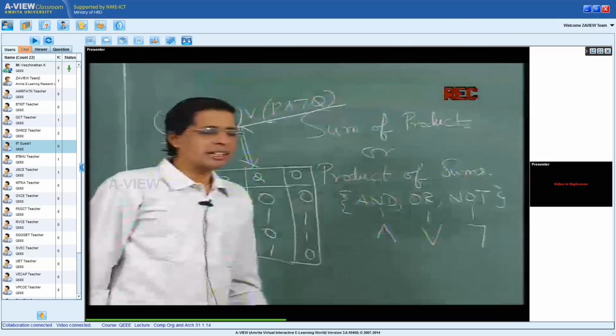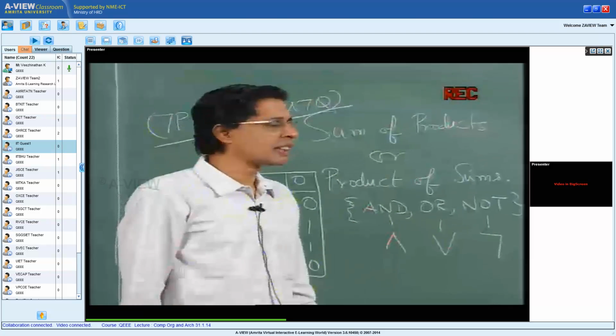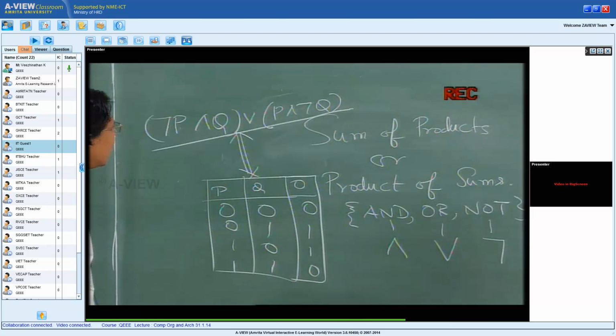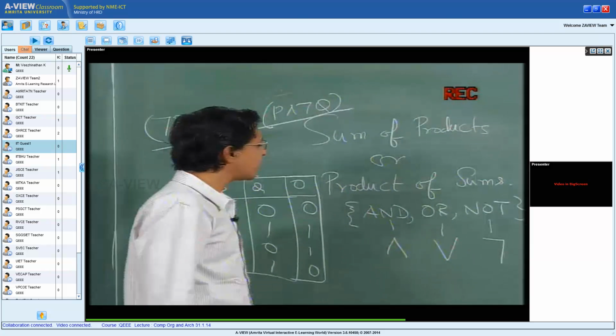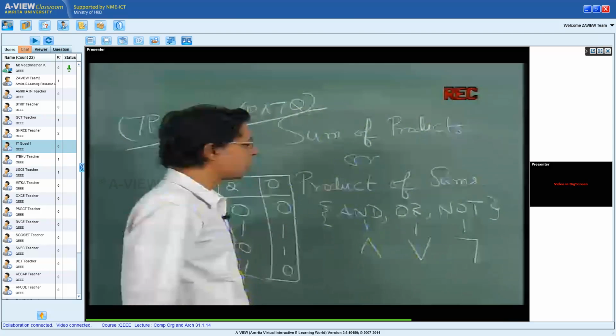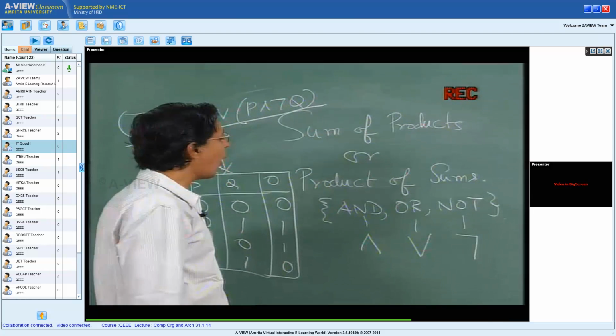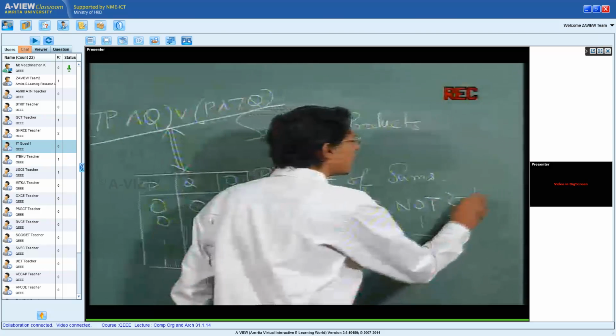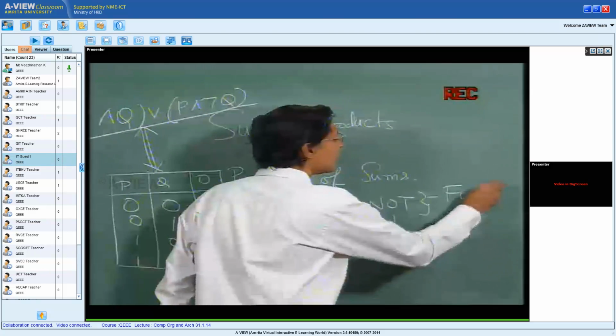This proves that any Boolean function given to you can be realized using the 3 gates, namely AND, OR and NOT. So AND, OR and NOT, this set is called a functionally complete set.